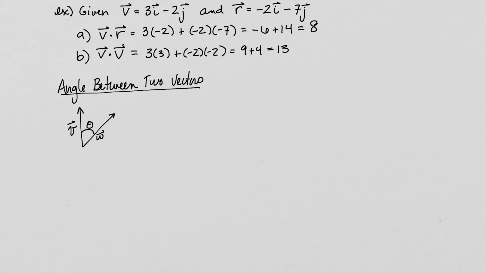We're interested in figuring out this angle between the two vectors, theta. The way that we find that out is that the cosine of theta is equal to vector v dotted with vector w all over the length of v times the length of w.